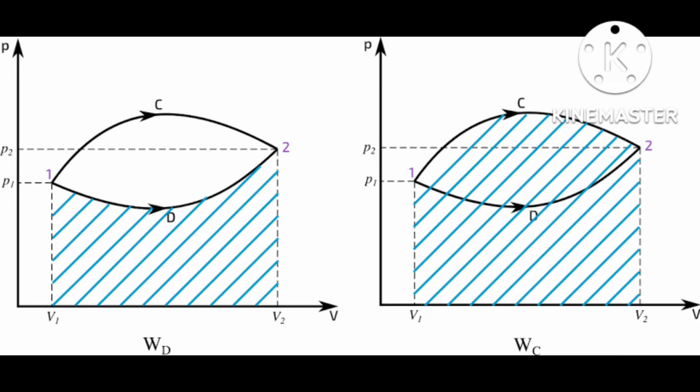In pressure, how much change took place? In volume, how much change took place? In temperature, how much change took place? These may change from pressure P1 to P2, from volume V1 to V2, from temperature T1 to T2.